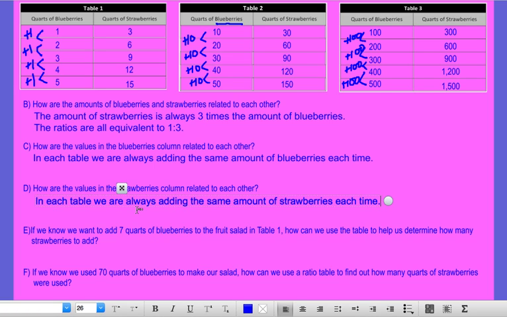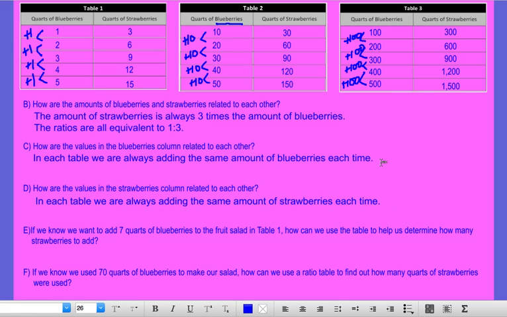Okay, so we talked about addition. Now we're comparing just blueberries to blueberries. So for the first one, we looked at how to go from blueberries to strawberries. Now we're looking at how to go from strawberries to strawberries in each different composition of our fruit salad.